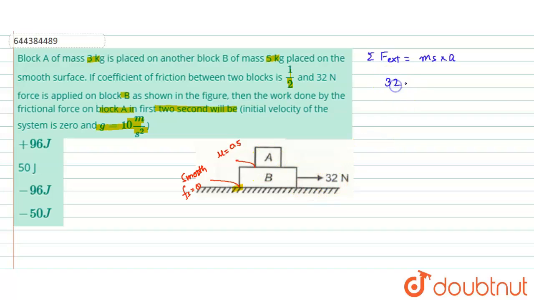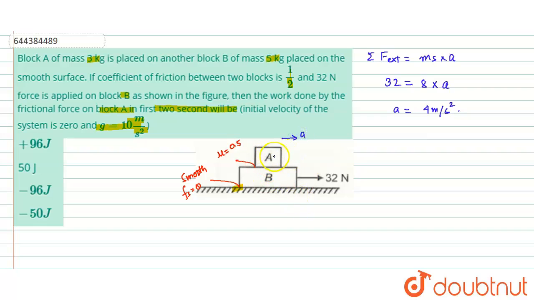So 32 equals the mass of the system, B plus A, so 5 plus 3 is 8, into a. From here we find that the acceleration will be 4 meter per second square. This will be the acceleration of B as well as A. This combined system will move with this acceleration a.